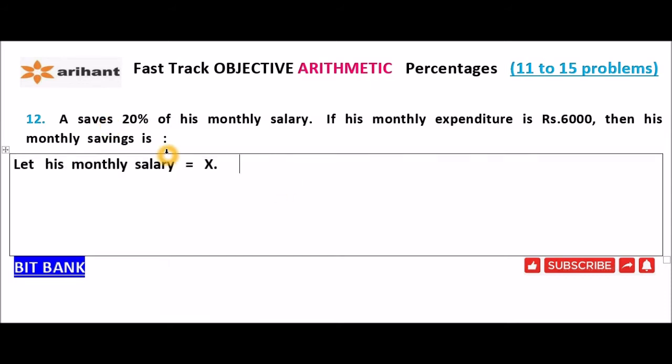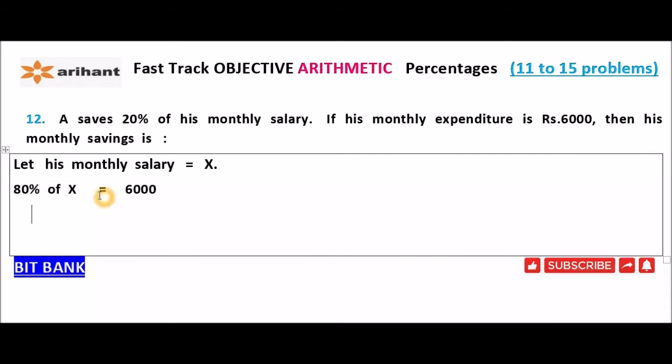And given two conditions, A saves 20% of his salary and monthly expenditure is 6,000. Out of 100 rupees, if he is saving 20 rupees, then expenditure is 100 minus 20, 80%. So 80% of x is equal to 6,000 rupees.